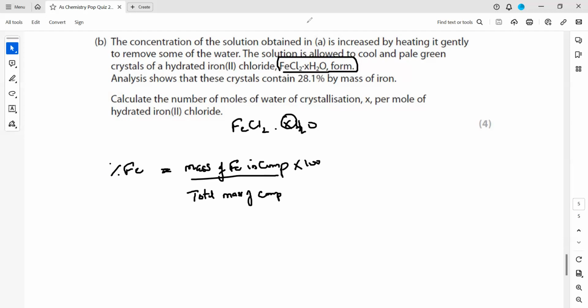In the question, they gave us the percentage of iron, that is 28.1. The mass of iron in the compound we don't know, but we can work it out, because there is one iron present there. So what is the mass of one iron? That is 55.8.